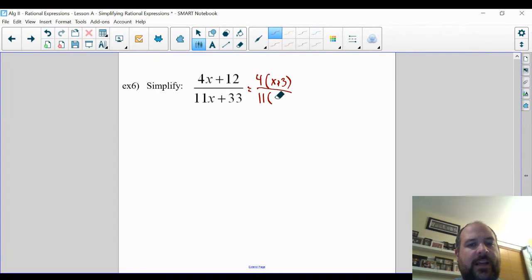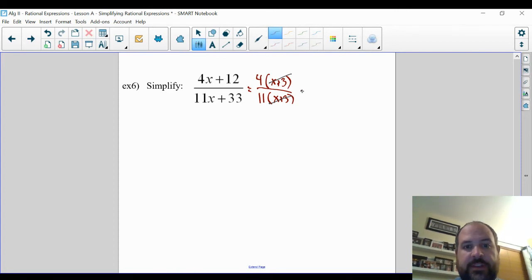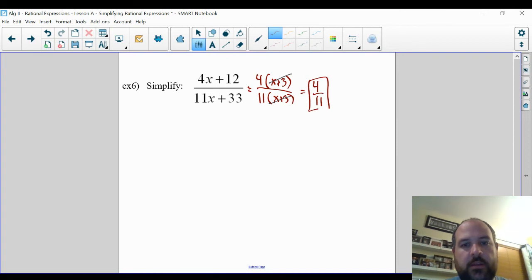I can factor out the 11, and I'm left with x plus 3. And now I have a common factor. The quantity x plus 3 is the same in both the top and the bottom. They cancel out. And magically, it's as if I planned it this way. We are left with 4 over 11 again. Amazing. All right, so this is simplifying rational expressions.